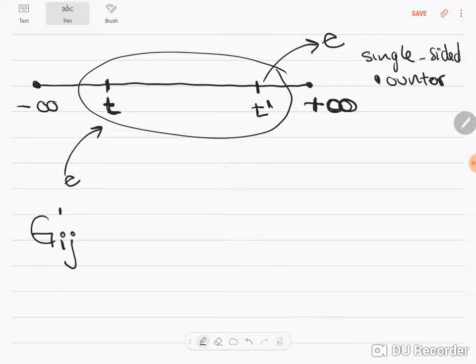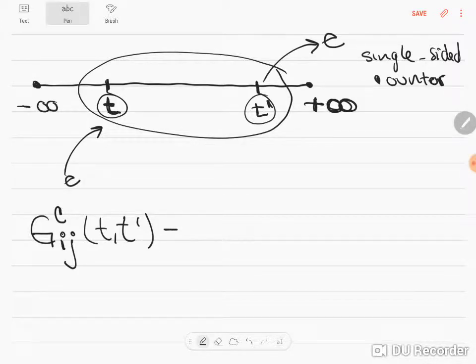Then the contour Green's function, which measures the probability amplitude for a process to trigger in the system depending on where the times t and t prime are on the contour, is given by this. It's called the contour Green's function because the probability amplitude for these processes depends on the relative positions of the time instants in the contour that I just drew, which is important.